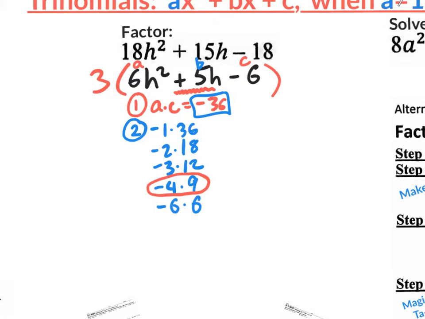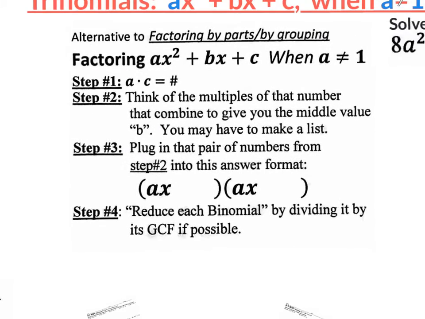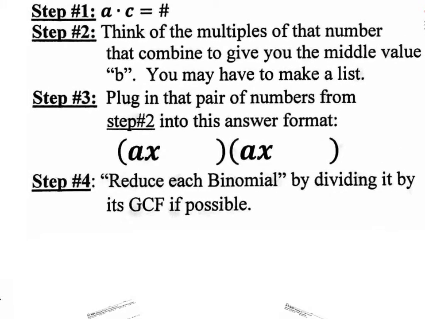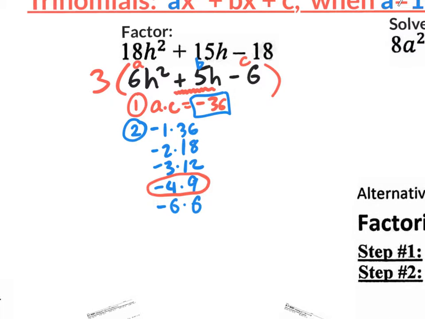So what I want to do now is look back at our notes. Here's the notes. And step 3 is where it gets a little weird. And we just need to do the factored format with the ax and the ax. A is the number that's out in the front of your quadratic trinomial.